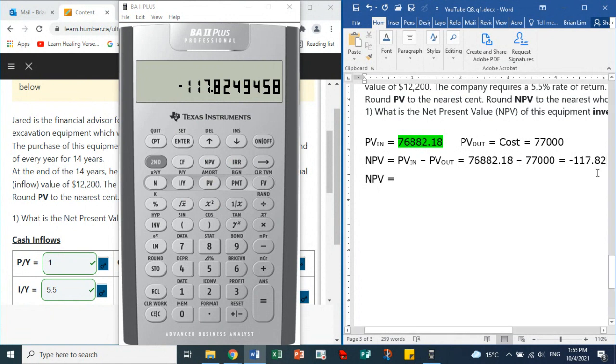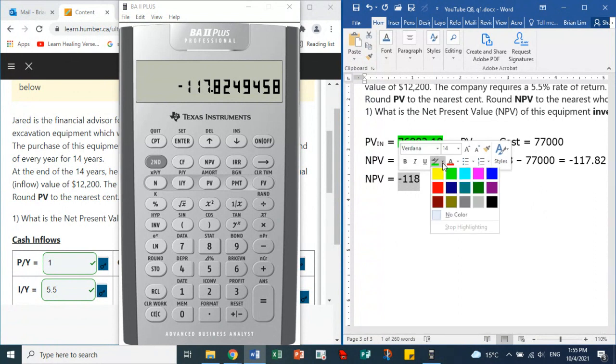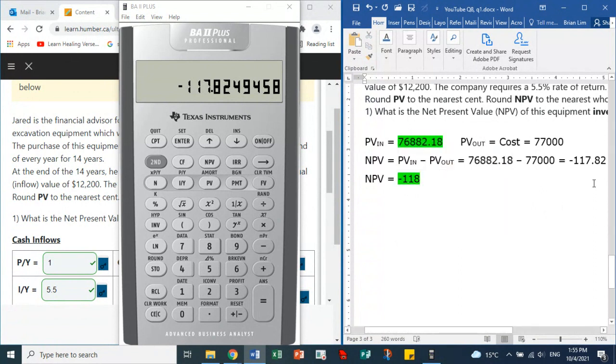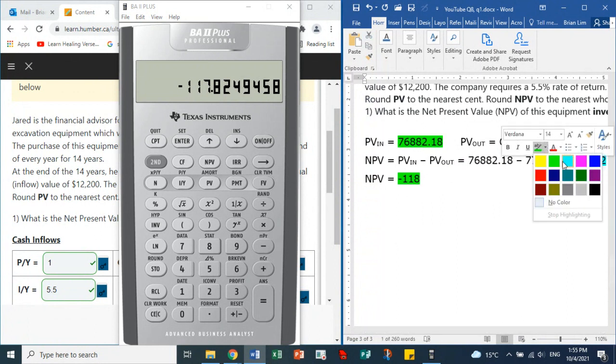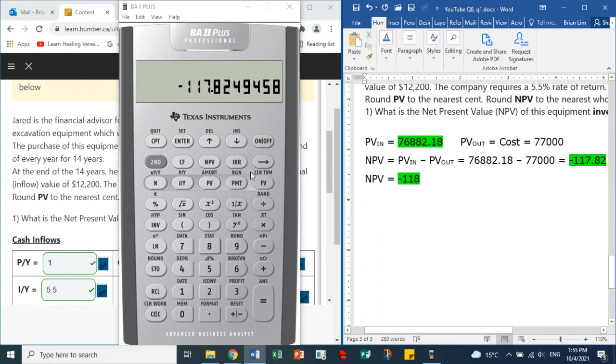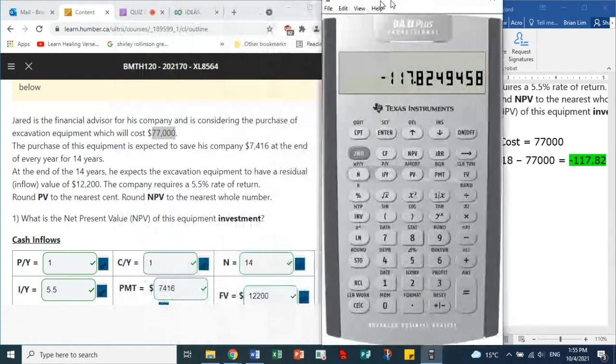All right, so round to the nearest dollar. Net present value would be negative 118. Remember, we must keep the sign. All right, so the answer is negative 118. This answer is, of course, the more accurate answer, but that is the answer, 118.